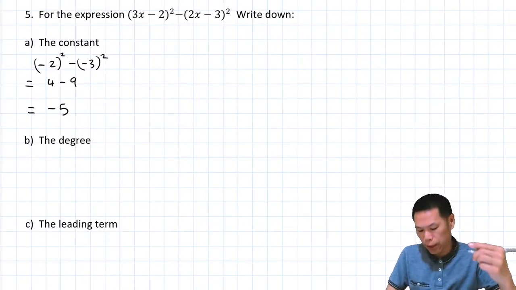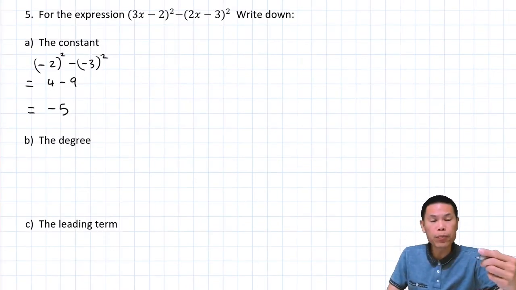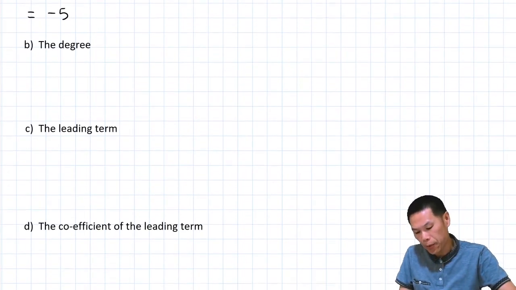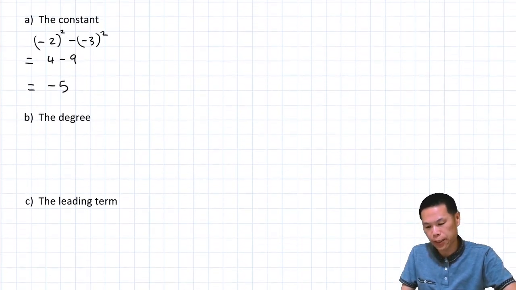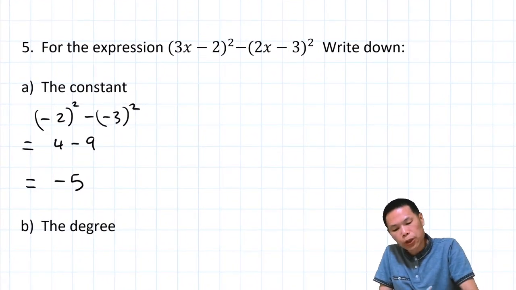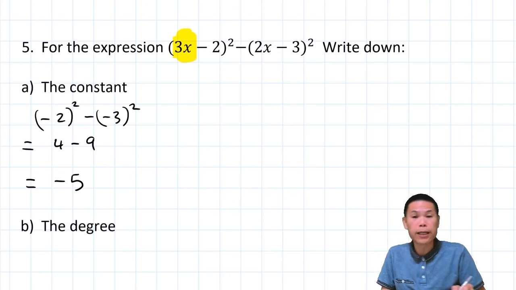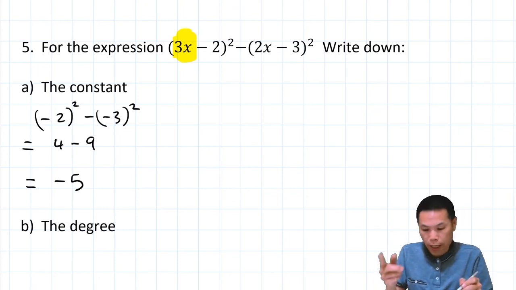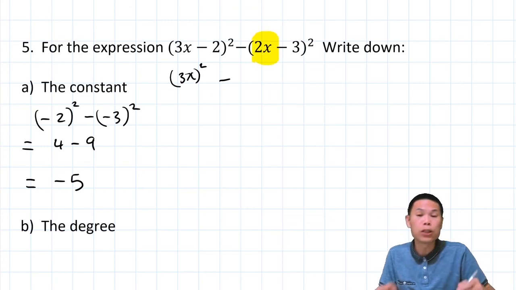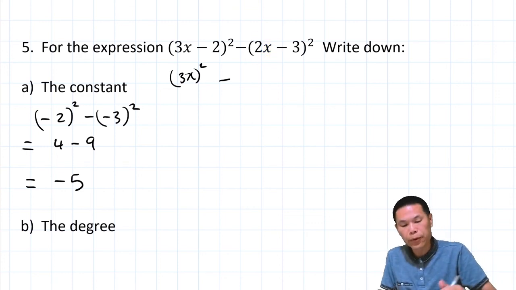Now to find out the degree and the leading term, of course, we find the leading term first, then we can answer the degree and the coefficient of the leading term, okay? So let's go back to this. The leading term inside this bracket here is 3x, but then it's square. So we can just write 3x all square. And then minus, the leading term inside this bracket here is 2x, but then it's square.